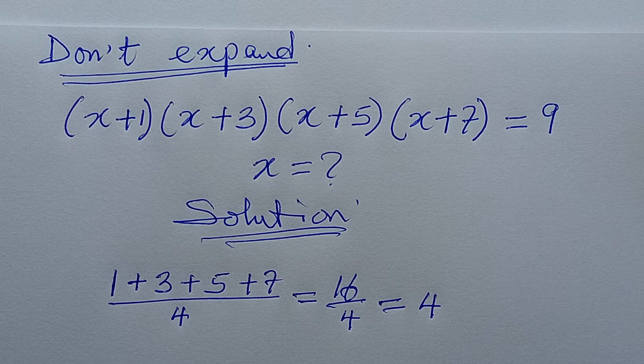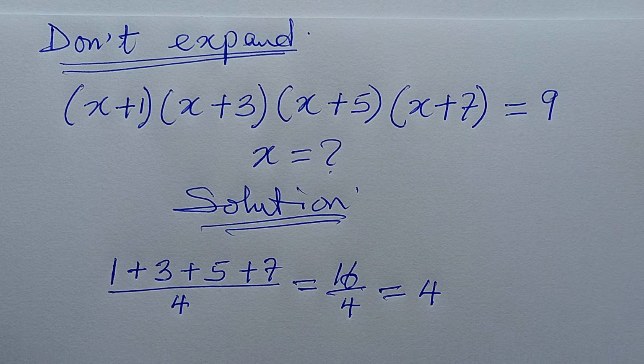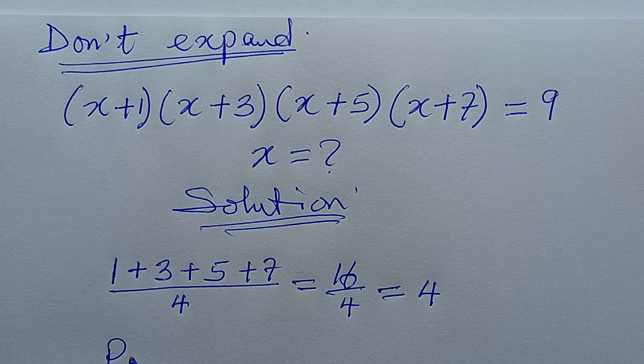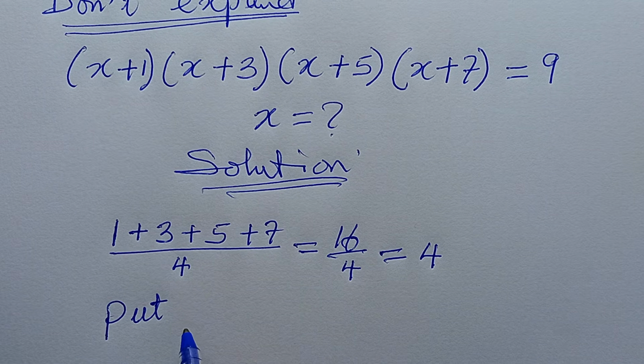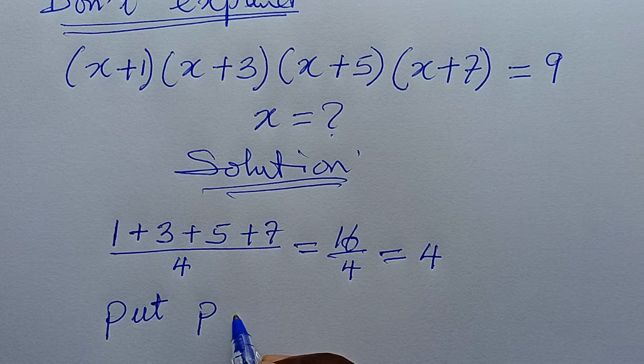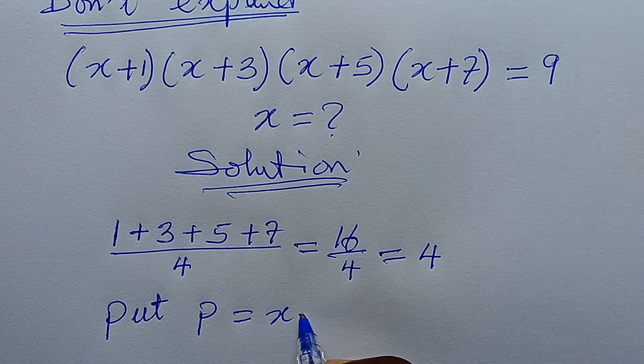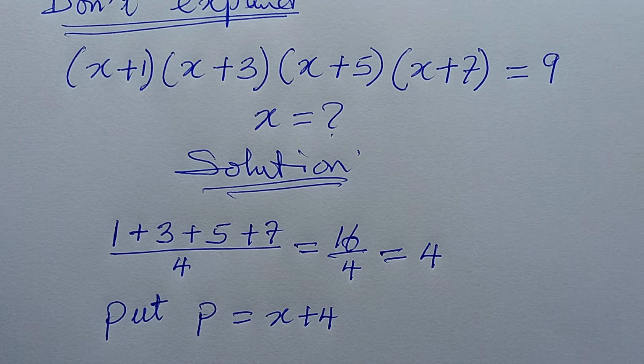Right? Good. So with this 4 we have here, we're going to make a simple substitution. Put, this time around, let's say P, okay? So put P equal to x plus 4.